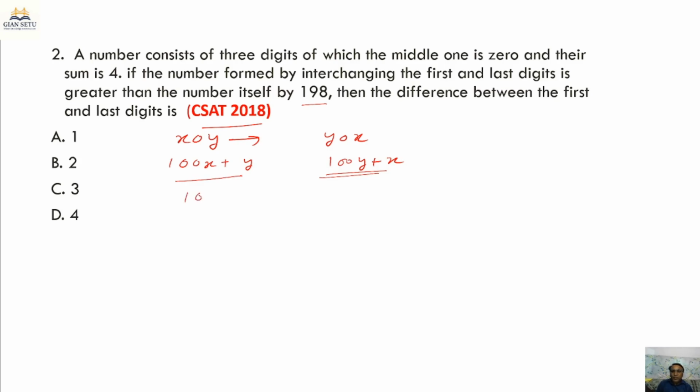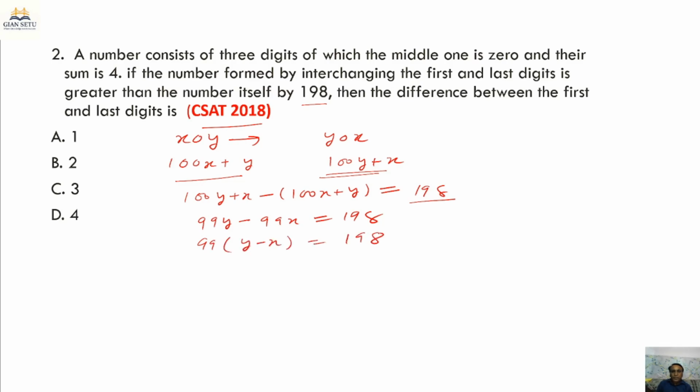It will be 100y plus x minus 100x plus y is equal to 198. Now it will be 99y minus 99x is equal to 198, and let's take 99 common. It will be 99 times y minus x is equal to 198.